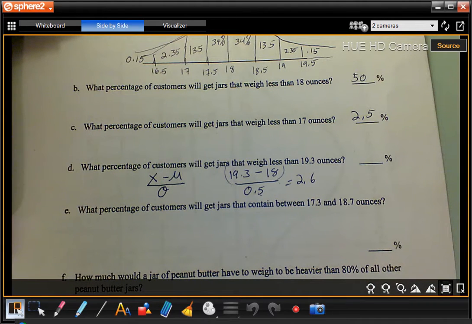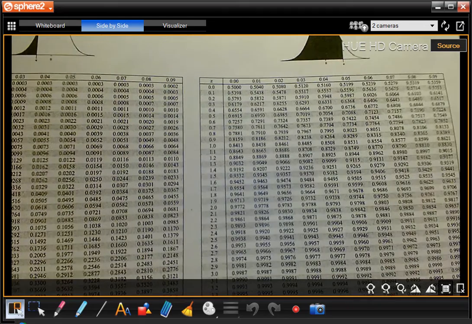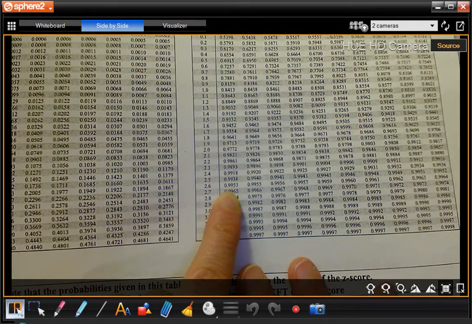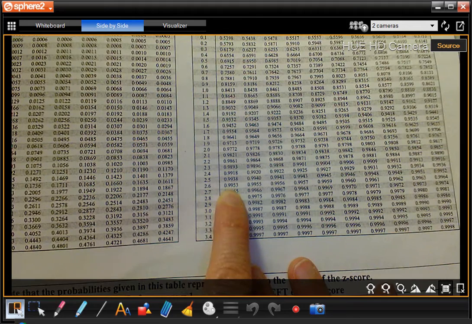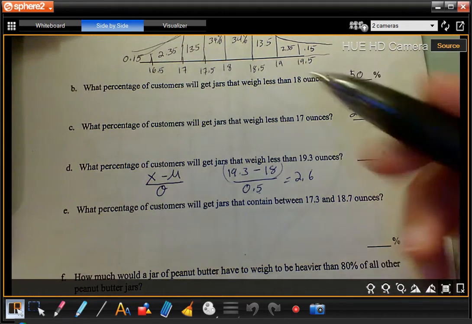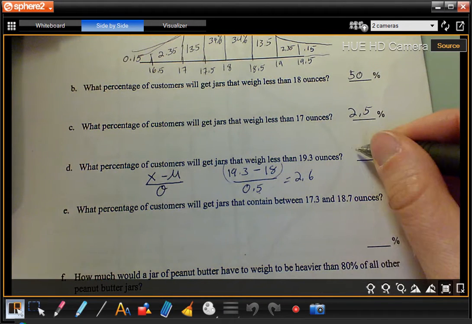Now 2.6 is the z-score. So this is when we need to pull out our z-score chart. And I know this is very small, but if we remember how to read this, we're going to go down 2.6, 0, and we're going to use this little number right here, which is 0.9953. What percentage of customers will get jars that weigh less than 19.3 ounces?